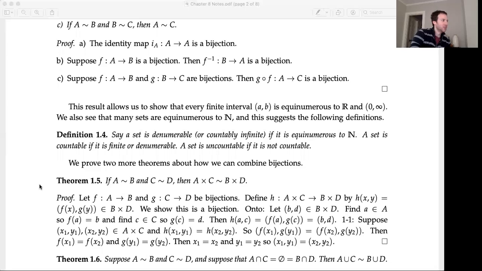And the idea of the proof is you have something in A times C, where do you send it to?